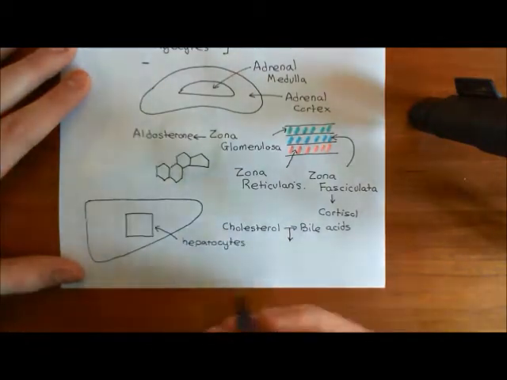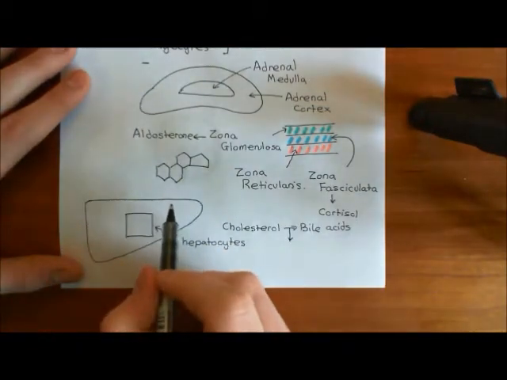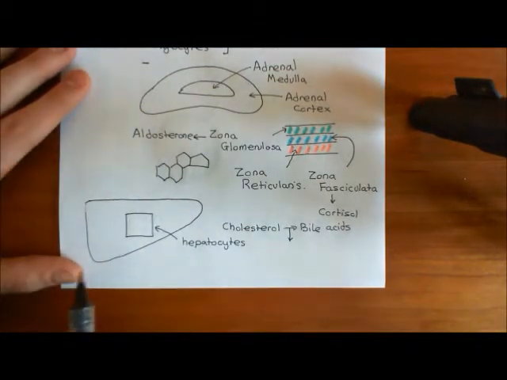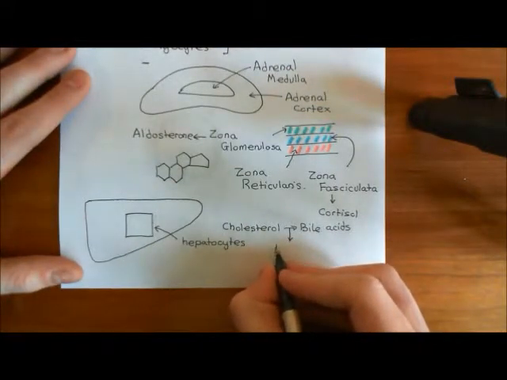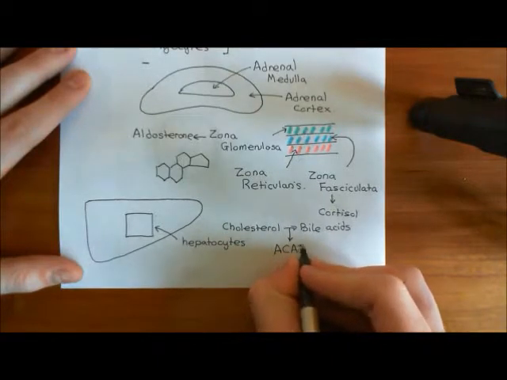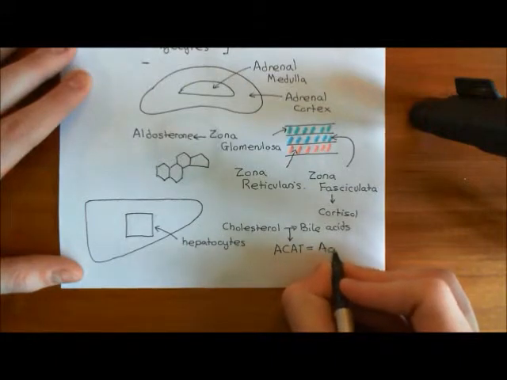So this is a little bit redundant, since they originally took the cholesterol esters in from the LDL molecule, broke them back down into cholesterol and free fatty acids, and now they're going to resynthesize them back into cholesterol esters, but it's the way it's done. So what happens is they use an enzyme called ACAT, which stands for acyl-CoA cholesterol acyl transferase.